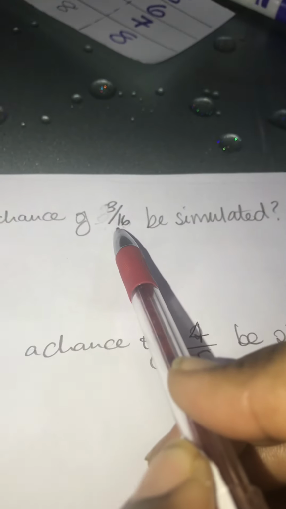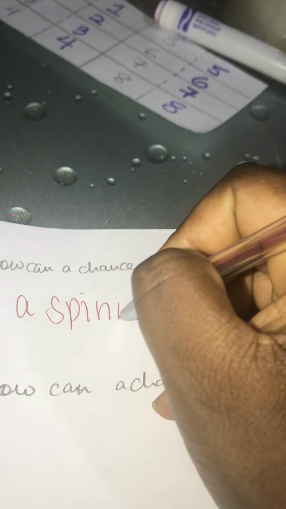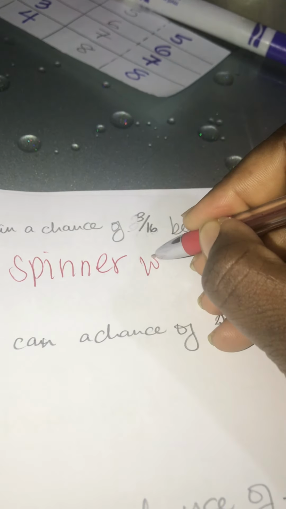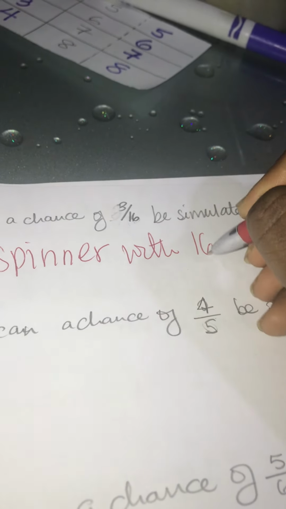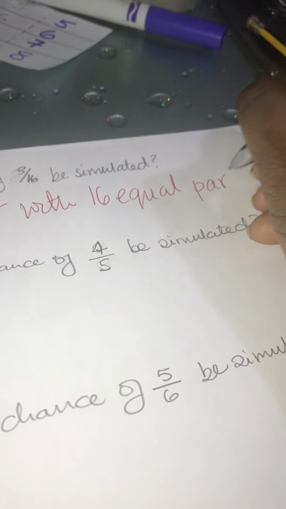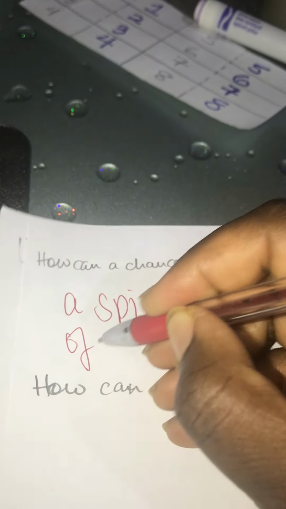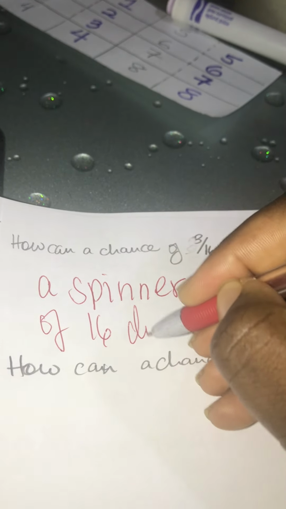Alright. How can a chance of 3 out of 16 be simulated? A spinner with 16 equal parts of 16 different colors.